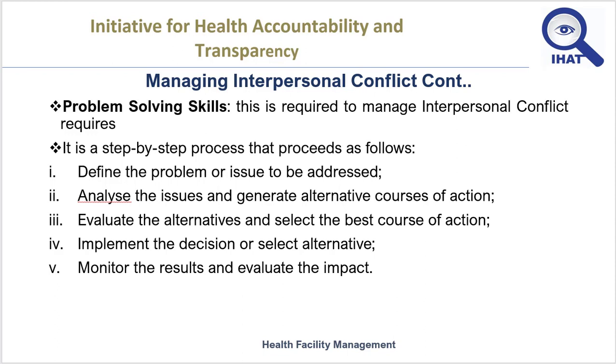You define the problem or issue to be addressed, analyze the issues, and generate alternative courses of action, evaluate the alternatives and select the best course of action, implement the decision, and then monitor the results and evaluate the impact. Like I said earlier, details on this course are available in our previous courses.